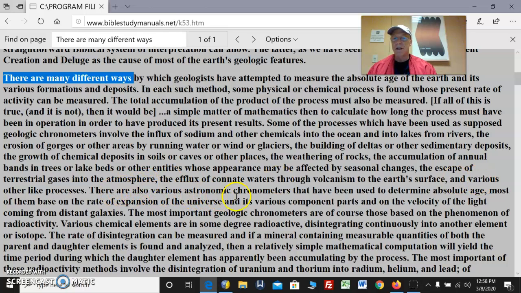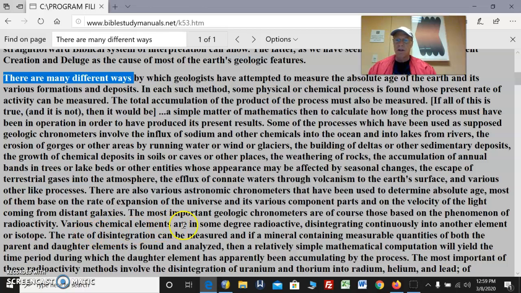There are also various astronomic chronometers that have been used to determine absolute age, most of them based on the rate of expansion of the universe and its various component parts, and on the velocity of the light coming from distant galaxies. The most important geologic chronometers are, of course, those based on the phenomena of radioactivity.